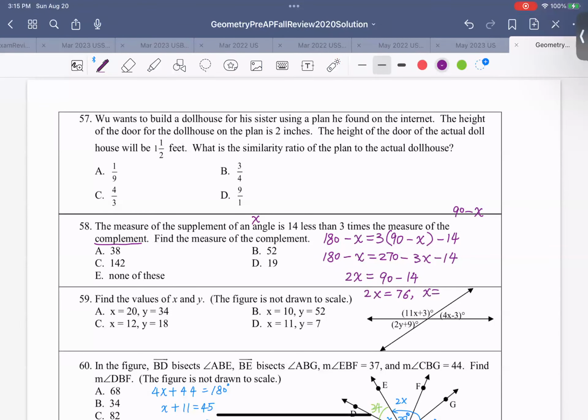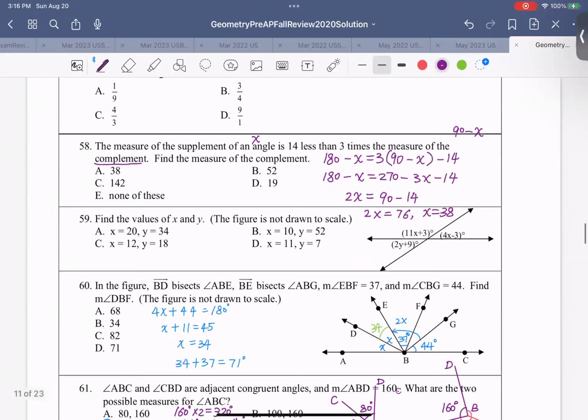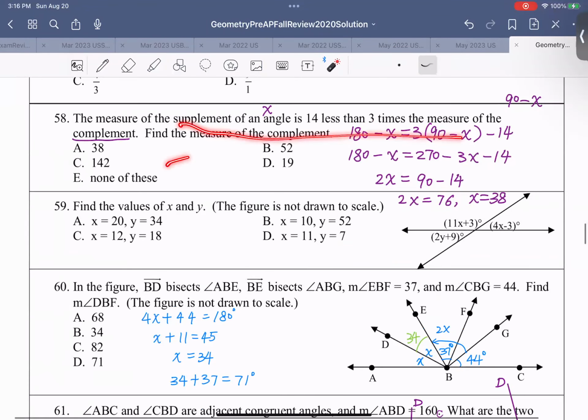So x equals 38. Good. Yeah, thank you. Does this make sense now? Yes. Will this kind of question still make you feel scared? It's a lot better than before, I think.